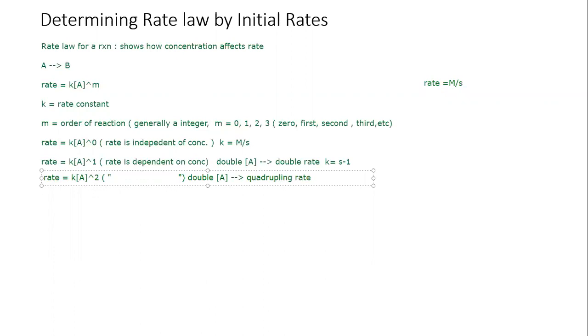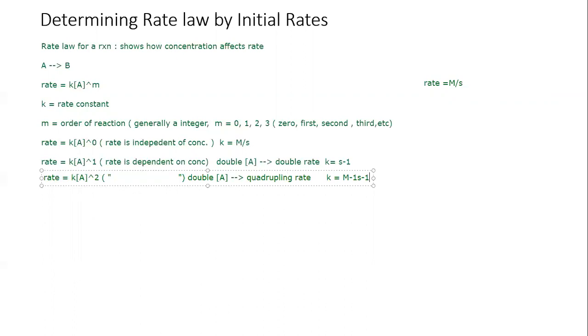So if we double A, rate's going to increase by a factor of 4. Now the rate constant here, since molarity is squared, the rate constant is equal to molarity inverse second inverse. So that way when you multiply it by molarity squared, you get molarity per second.